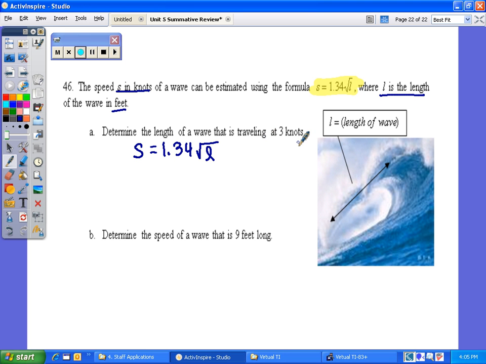So 3 knots is S. So I'm going to plug in 3 right here. Do not put it here because you're trying to find L. So first thing I'm going to do is divide by 1.34 so I can get the square root by itself. And we got this real ugly, long decimal.